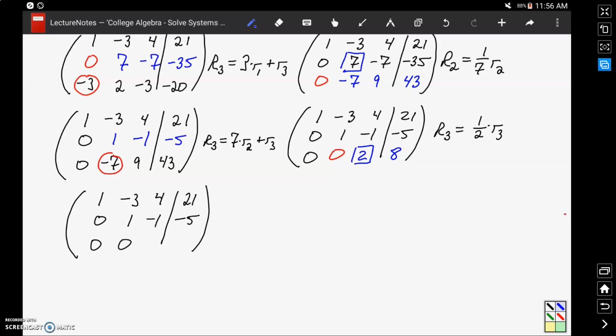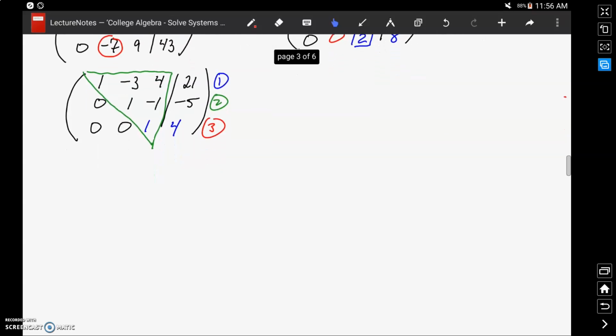So the zeros are unchanged, but then 2 times 1/2 will become 1, and 8 times 1/2 will become 4. Meaning we've now achieved that upper triangular form with all of the values to the left-hand side of our vertical bar. And we have our 3 equations, which we can use to now identify each of our solutions.